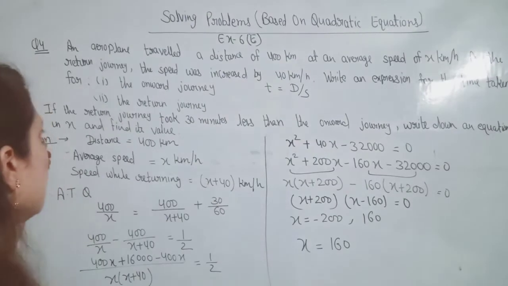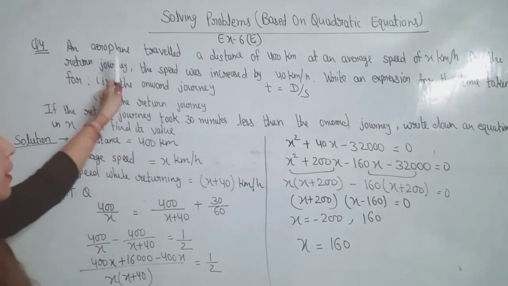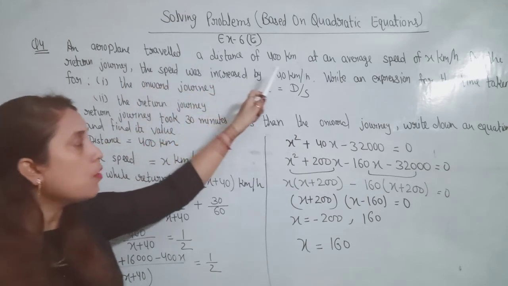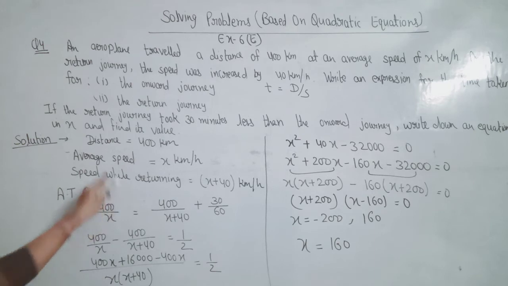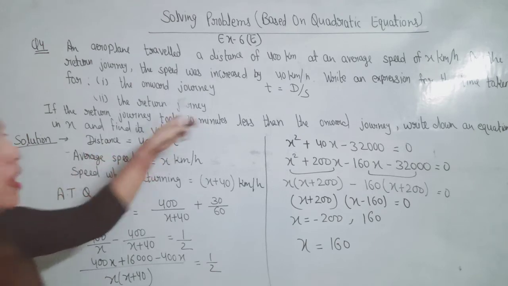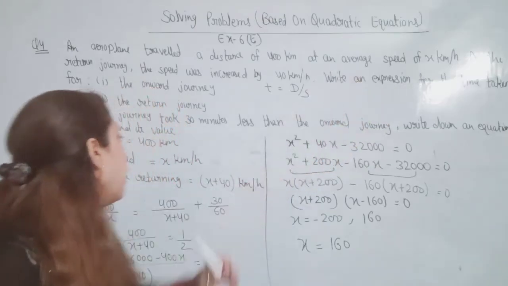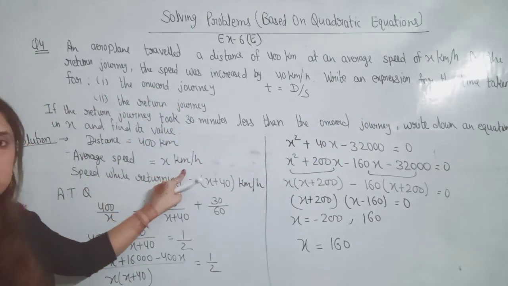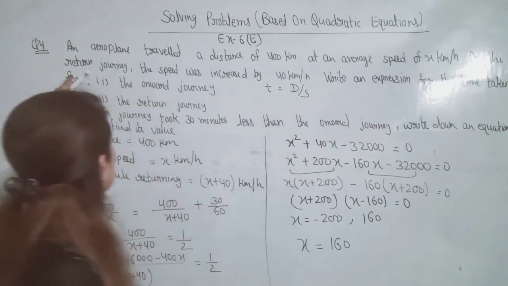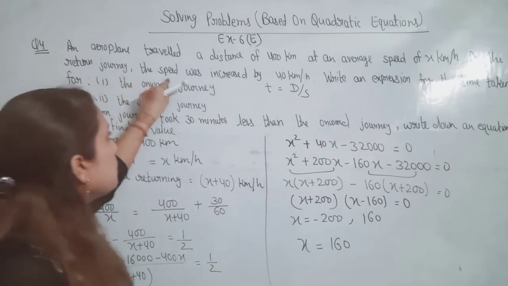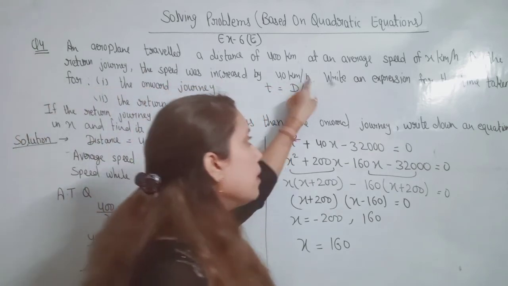Question number 4 from exercise 6E. The question says an aeroplane traveled a distance of 400 km. So distance is given 400 km at an average speed of x km per hour. On the return journey, the speed was increased by 40 km per hour.